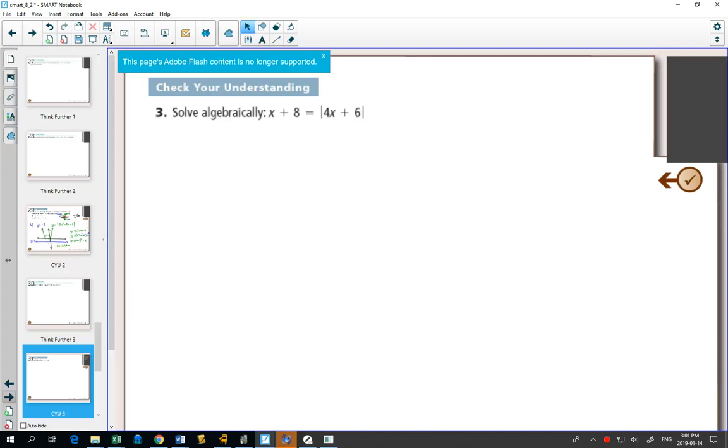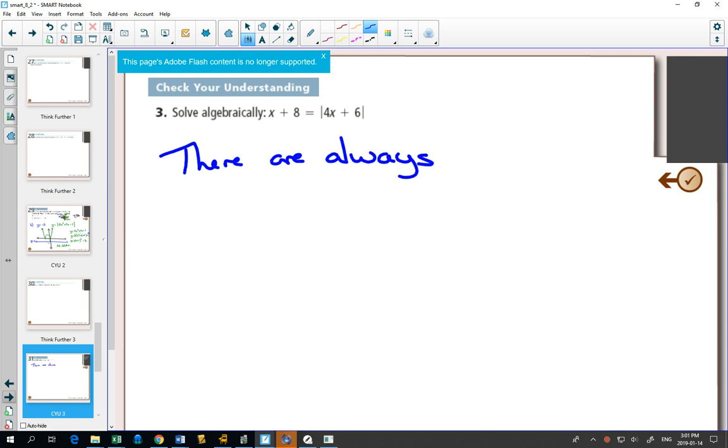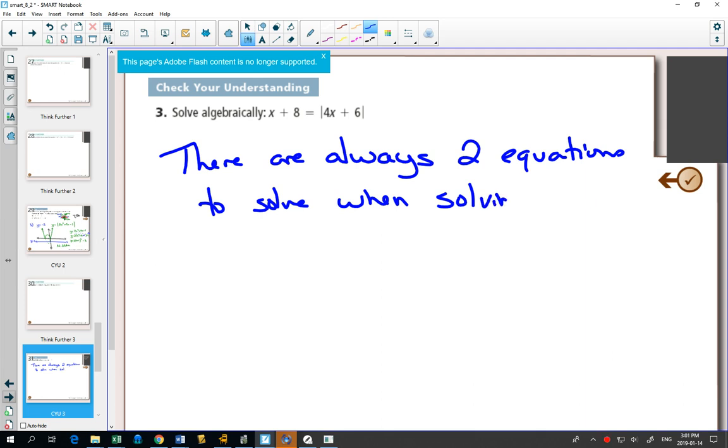When solving an absolute value equation, there are always 2 equations to solve.